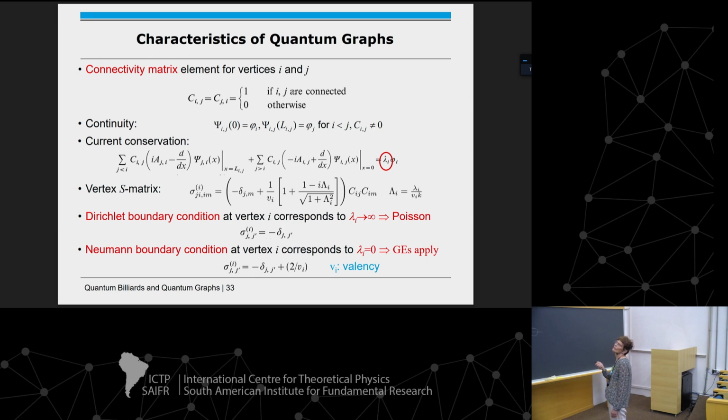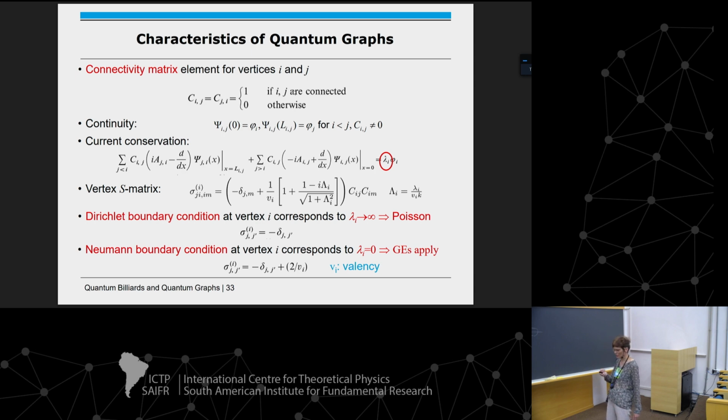So lambda I is given by little lambda I divided by the valency of a vertex, so the number of bonds that are connected at vertex I, multiplied with the wave number k. So it only depends on the valency of the vertex I and on lambda I divided by k, so on the boundary conditions. You have different boundary conditions.